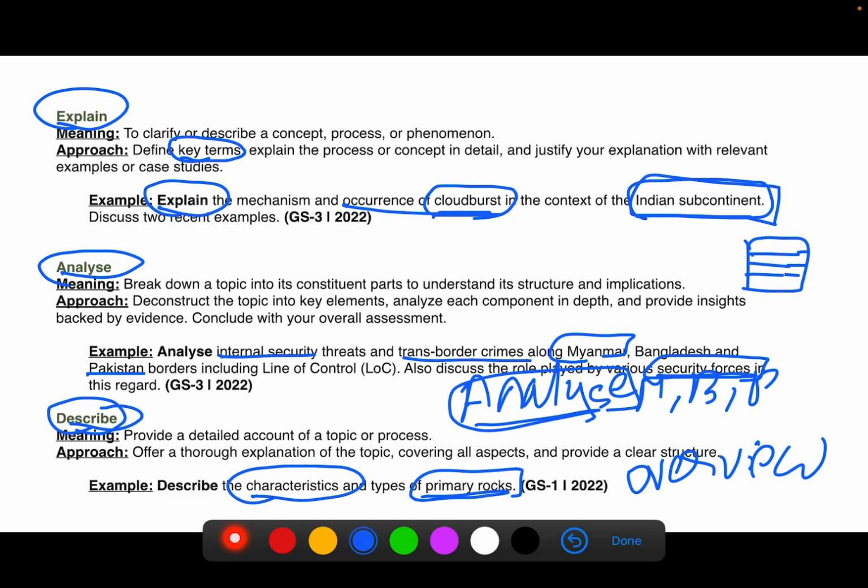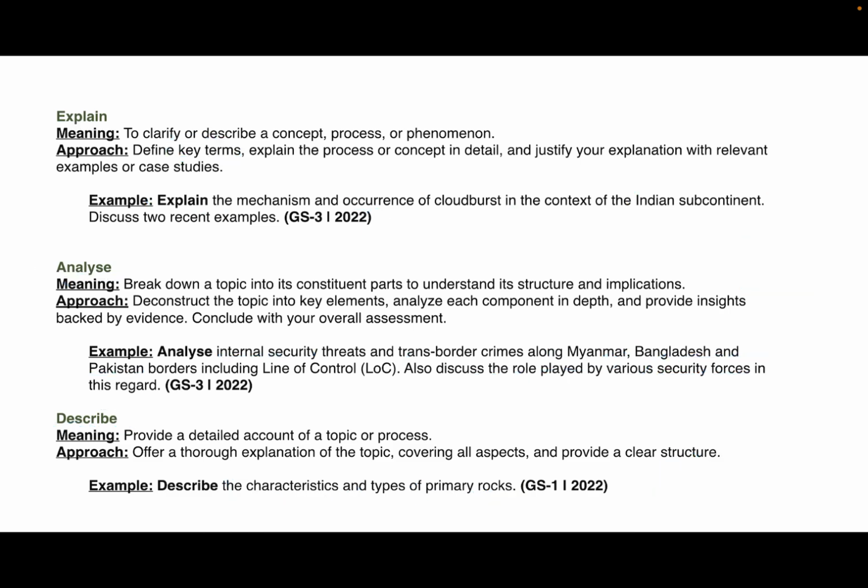What are their characteristics? Do they hold fossils? What is their composition? All these aspects should be described in detail. This is the significance of writing an answer with the directive word "describe".